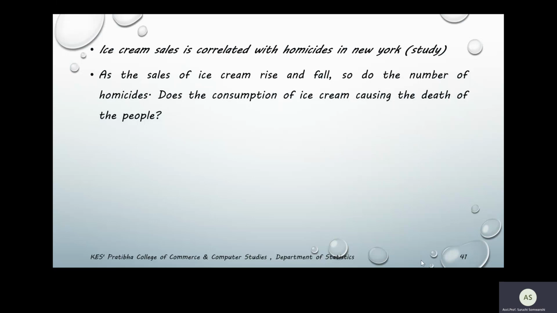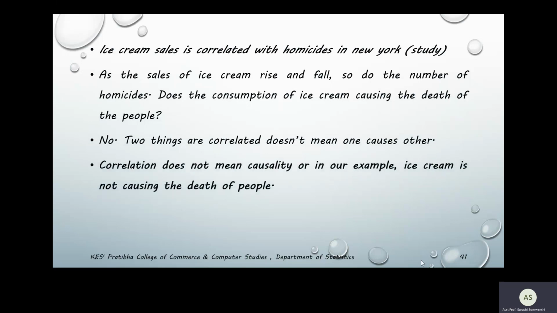Is it possible that if you consume ice cream then you are going to die? So no. Two things being correlated doesn't mean one is going to cause the other. So correlation does not mean causality. In this example, ice cream is not going to cause the death of the people.